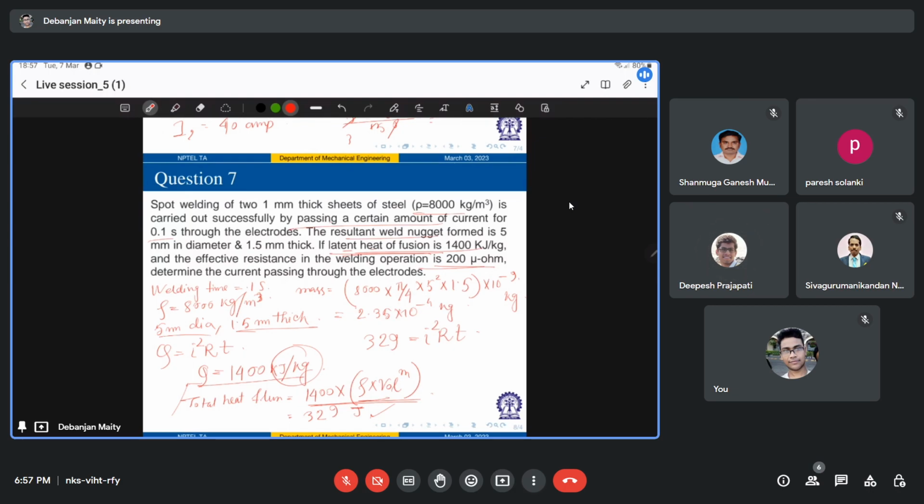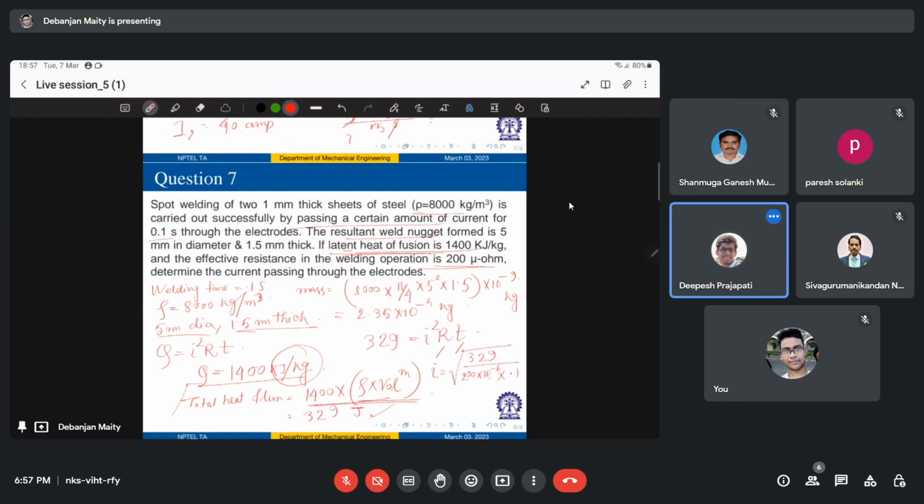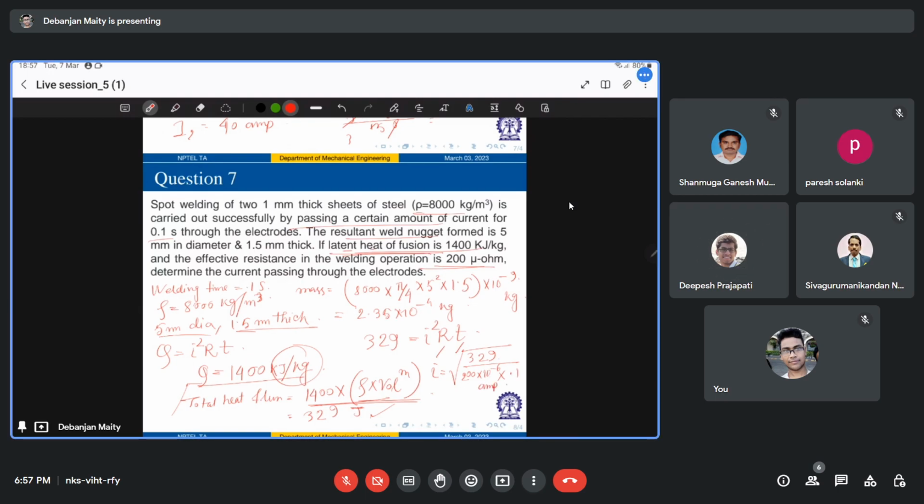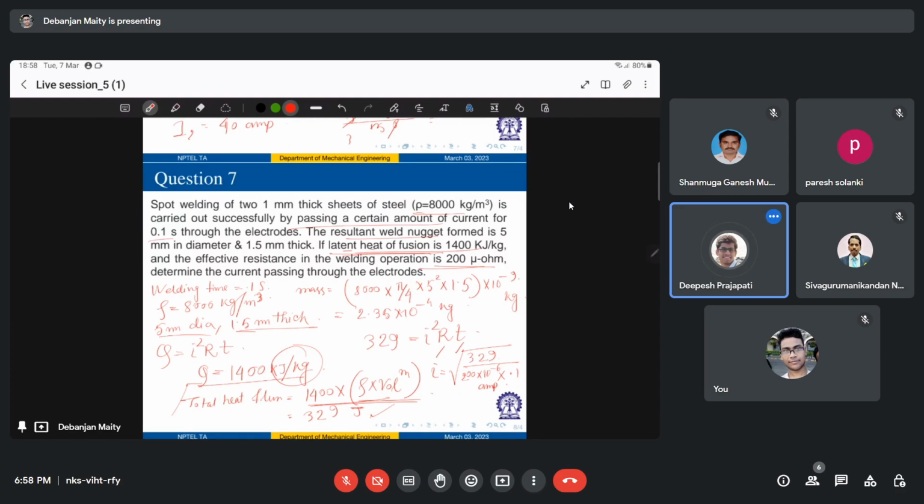You have your R value, you have your T value, you need to find out I. 329 by 200 into 10 to the minus 6 into 0.1, this much of ampere. That is 4.05 kilo ampere.